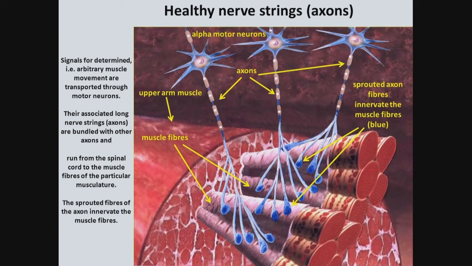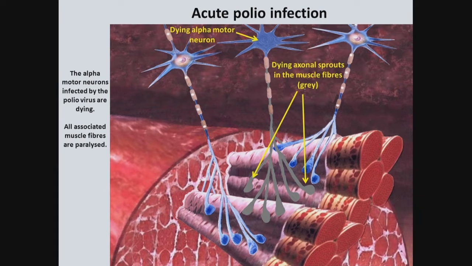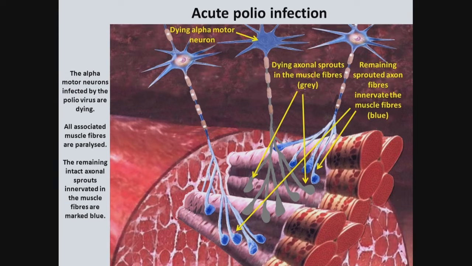The sprouted fibers of the axon innervate the muscle fibers. Acute polio infection. The alpha motor neurons infected by the poliovirus are dying. All associated muscle fibers are paralyzed. The remaining intact axonal sprouts innervated in the muscle fibers are marked blue.